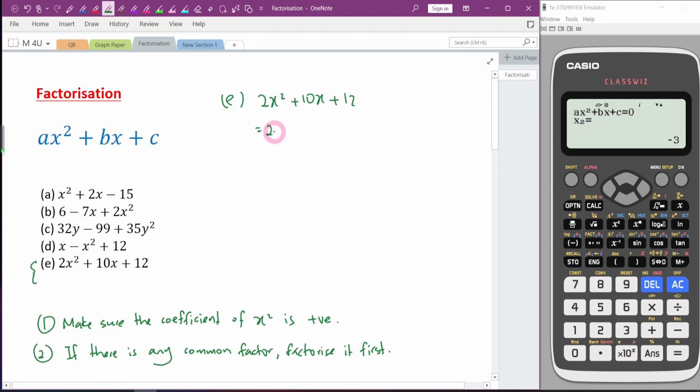So you can factorize the 2 out first. 2x squared, 2 5 tenths, 2 6 12. You can factorize the 2 out first, then only focus on this part, do cross multiplication to help us to do the factorization. If you don't want, it's okay. Let's say if you want to start from here, it's okay.